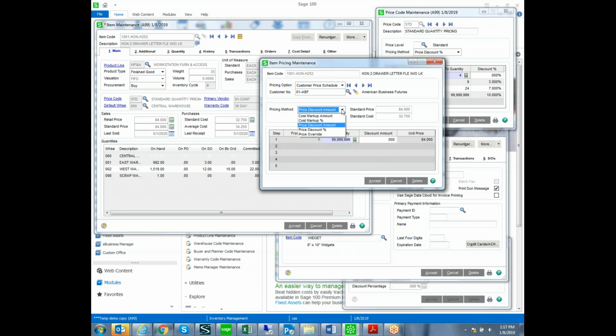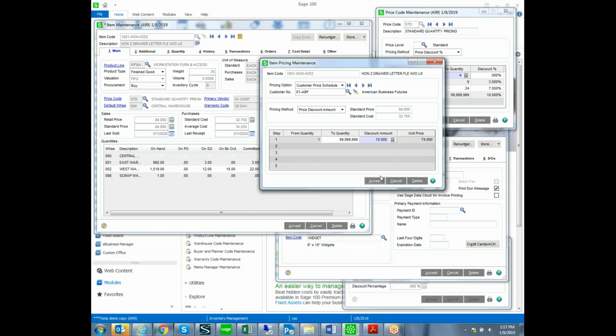Again, we have the same options, but we can choose what this customer would get. And so in this particular case, this customer has negotiated that they are going to get a price discount amount of $10. And so that would apply to any of their purchases.